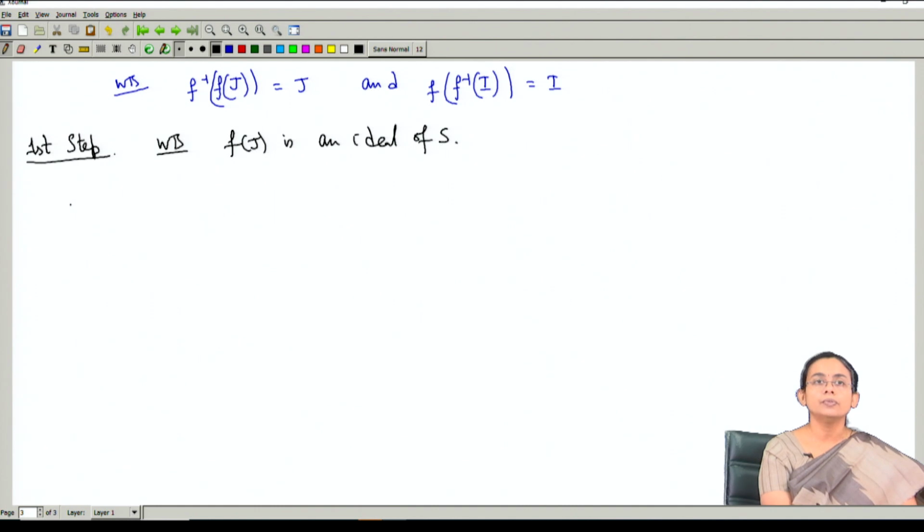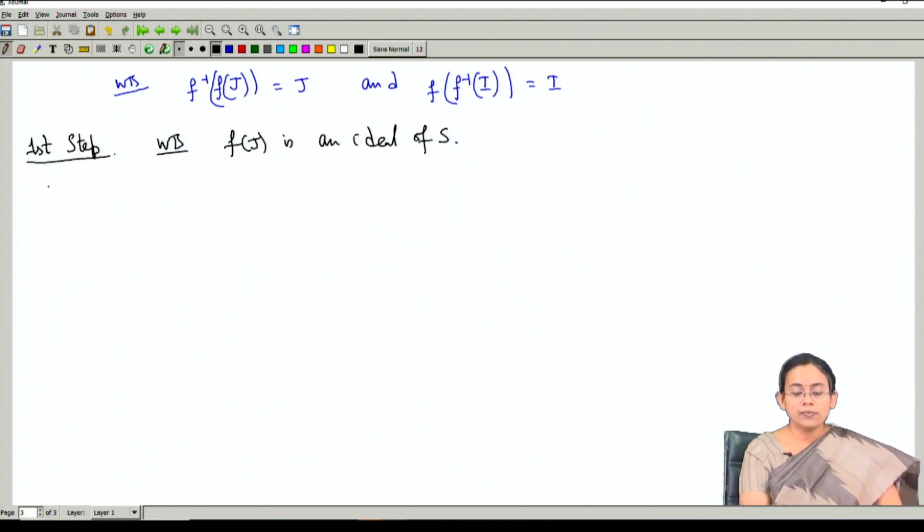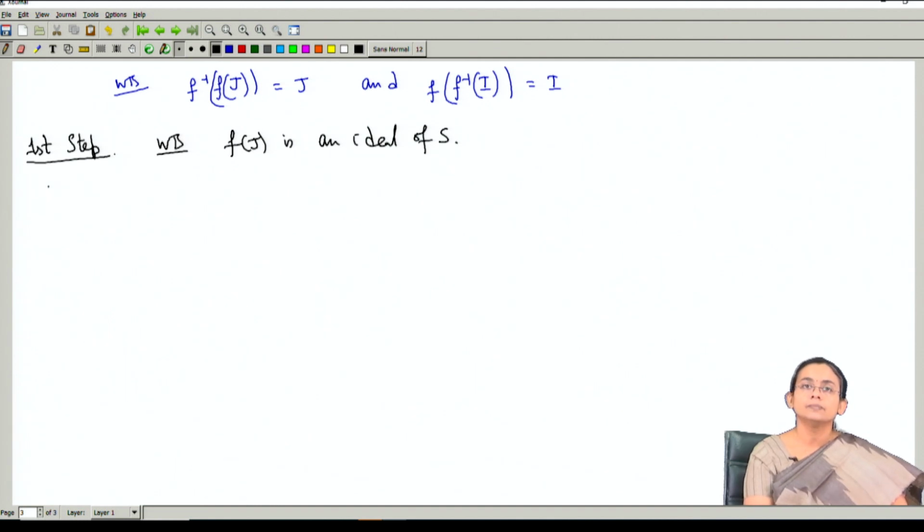How to prove that F of J is an ideal of S? If I want to show F of J is an ideal, then I have to show that it is a subgroup of the abelian group S with respect to addition, and that it is closed under multiplication with the ring elements.